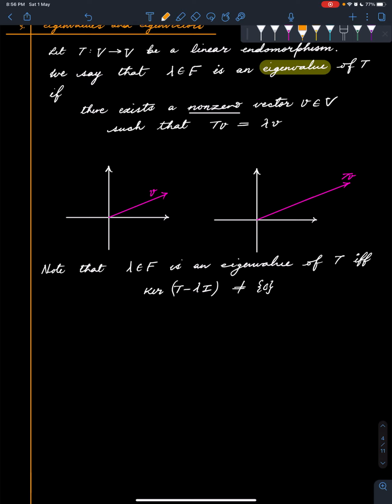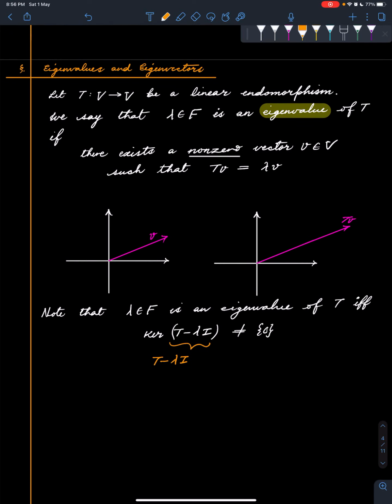So this linear operator is of course, when I say linear operator, I mean a linear endomorphism. Operator and endomorphism are the same things. Let me make that comment here. So this is also known as operators.